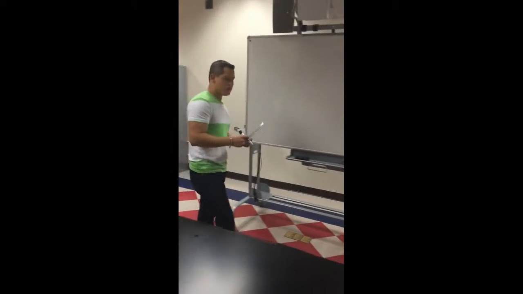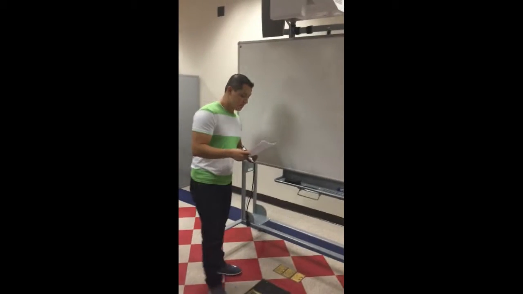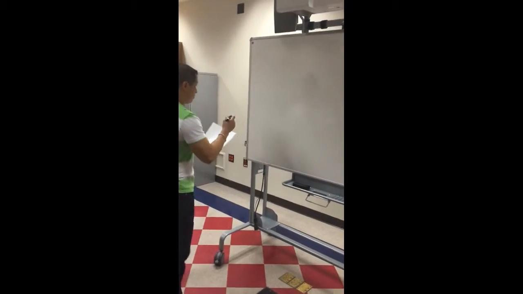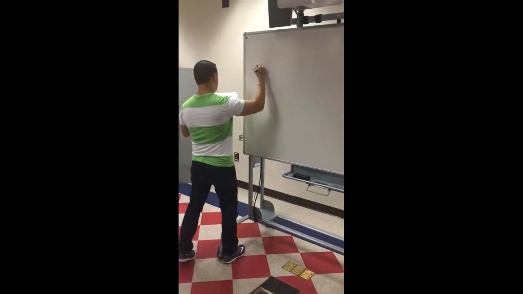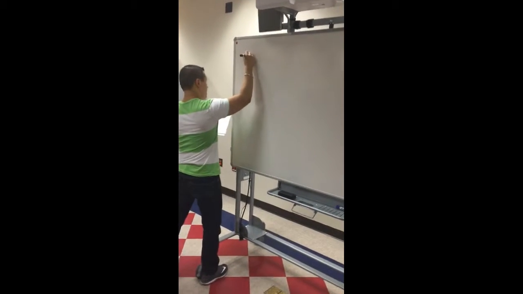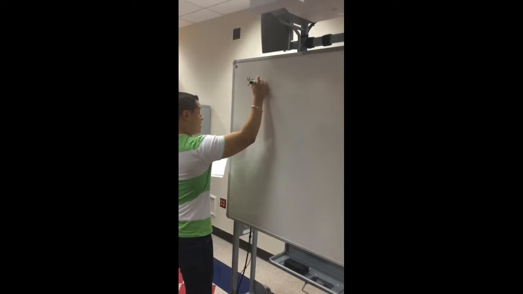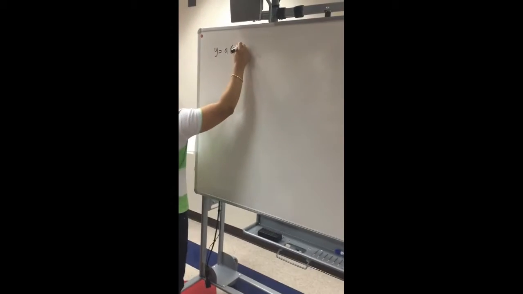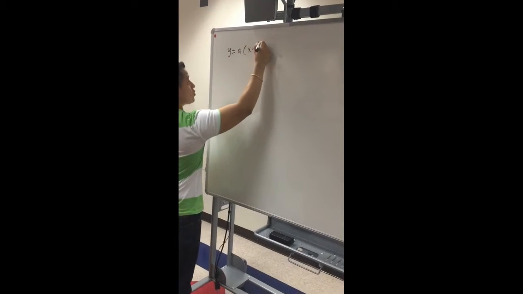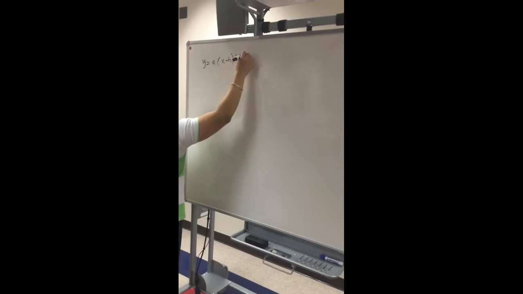So the equation that we're going to be working with is the vertex form equation of the parabola. As I mentioned, it's y equals a(x minus h) squared plus k.